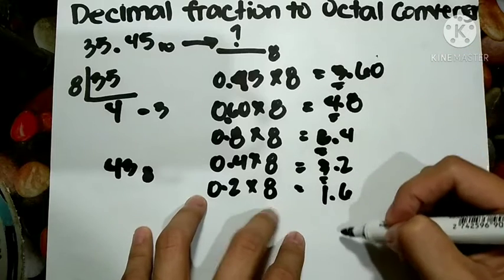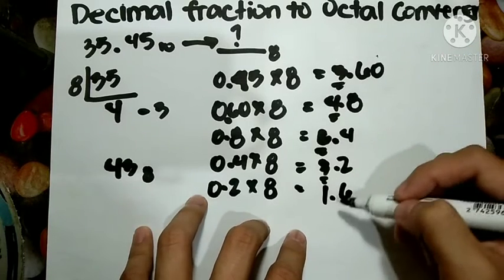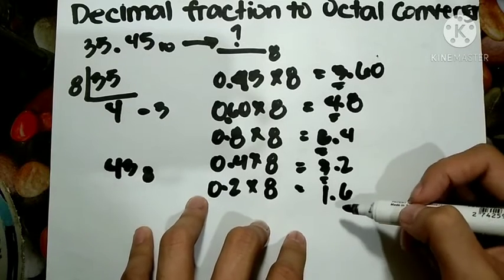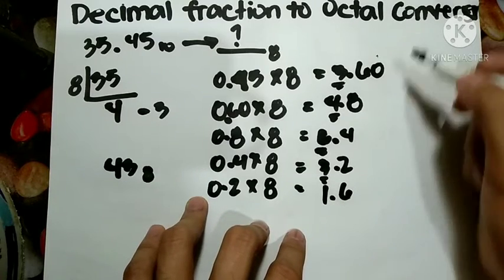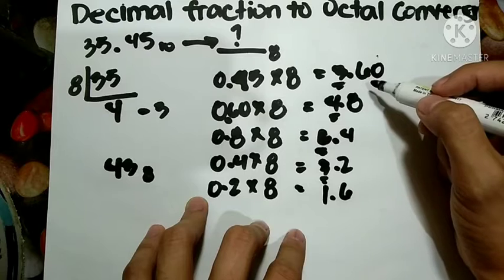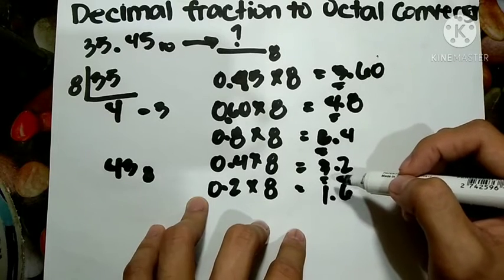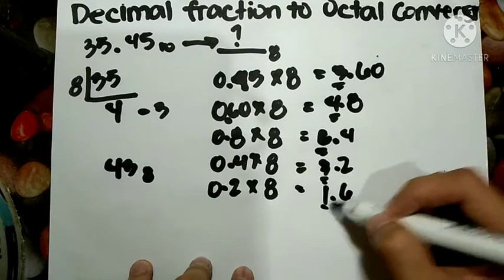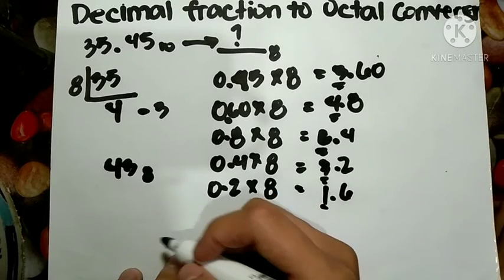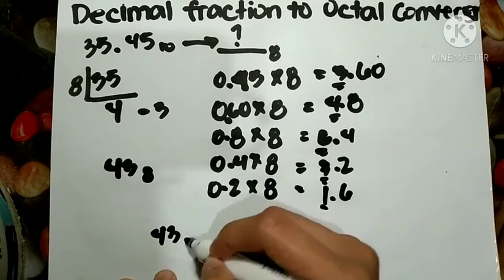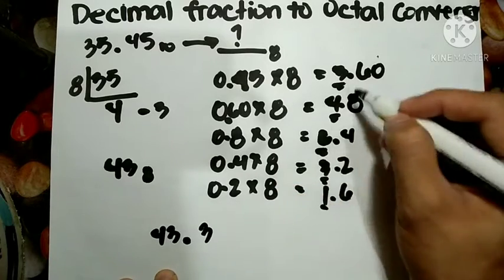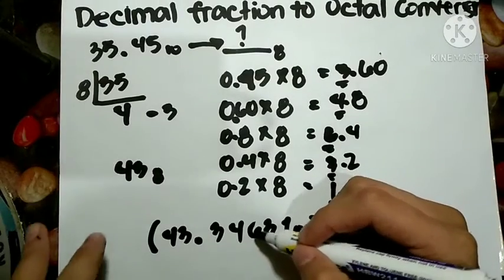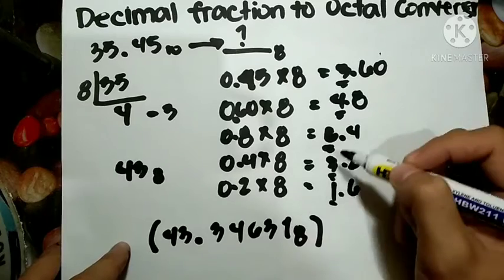Again, it seems to be never ending, or we couldn't find the answer 0 as our hint to stop. So let's stop right here. It is fine to only compute the first 5 digits of the fraction part. Then let's write our answer from top to bottom again. Then our answer will be 43.34631.